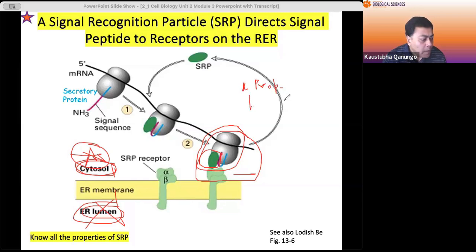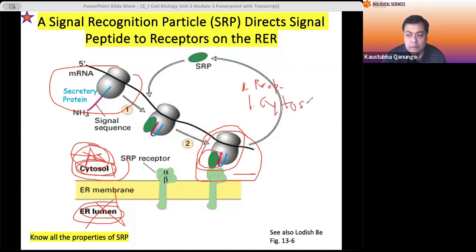So number one, it targets the secretory polypeptides in the cytosolic translating ribosome, and brings the translating ribosome to the cytosolic face of the ER membrane. That is the most important part, face. Remember that.